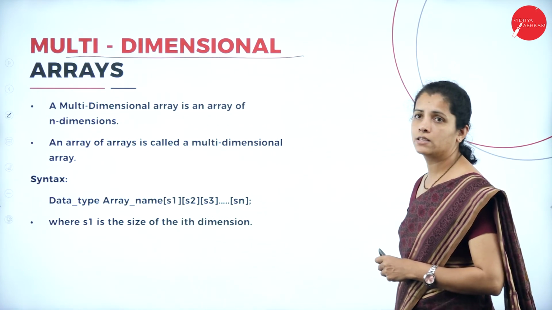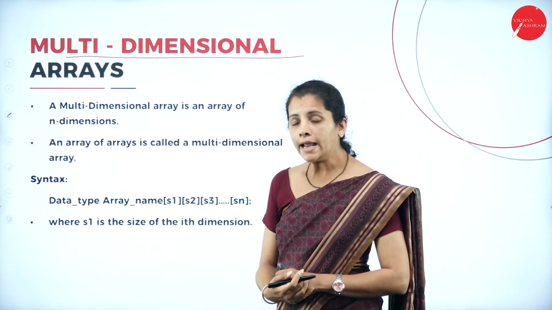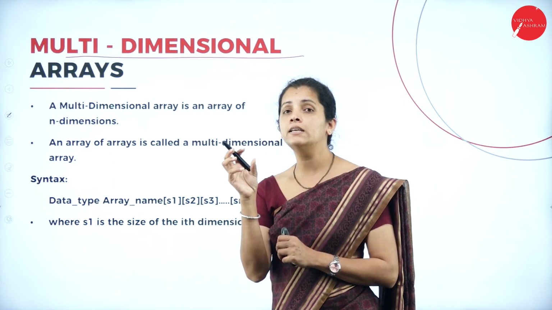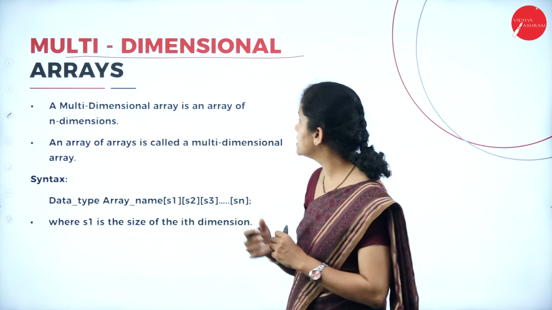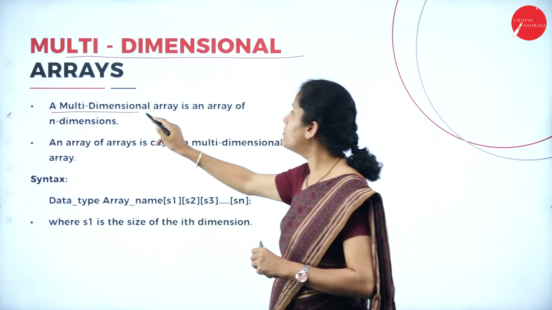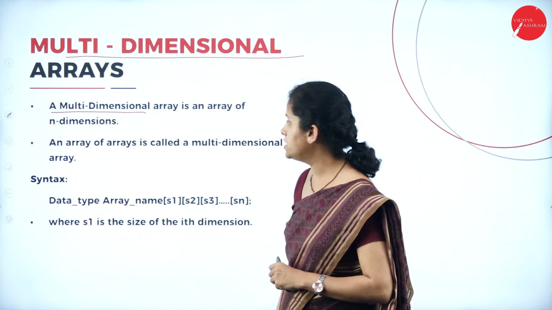Now I'm going to cover multi-dimensional arrays. So what is a multi-dimensional array? Arrays with n dimensions. So what is n dimension? That is, n number of indexes is known as a multi-dimensional array. So a multi-dimensional array is an array of n dimensions.